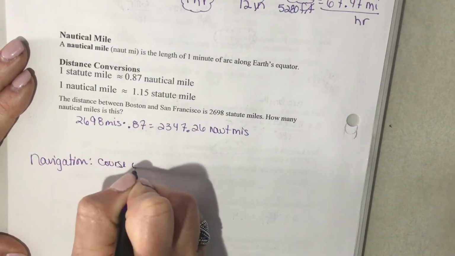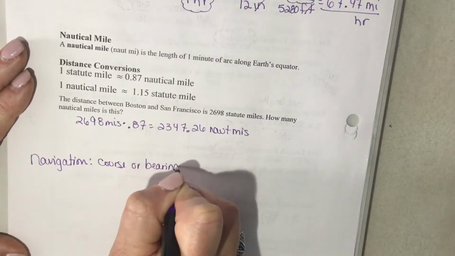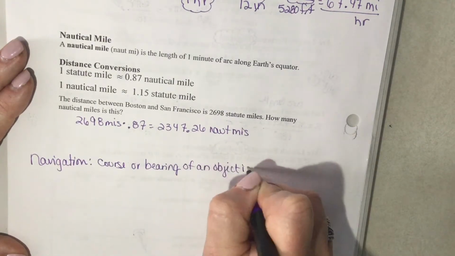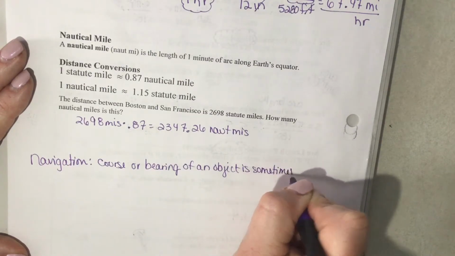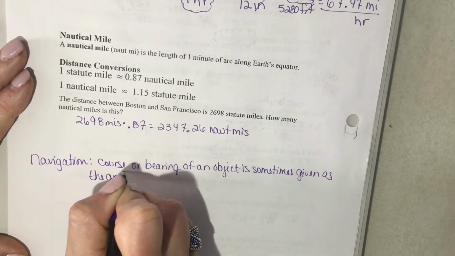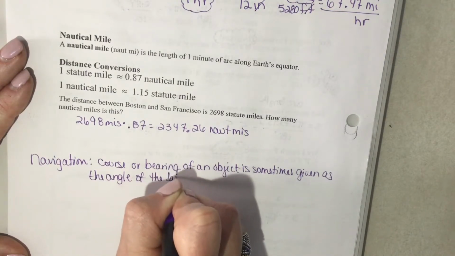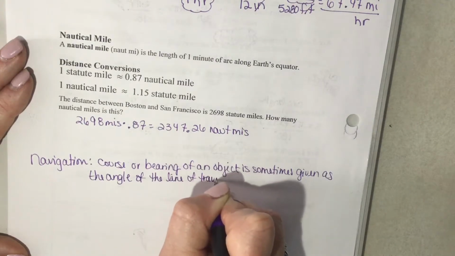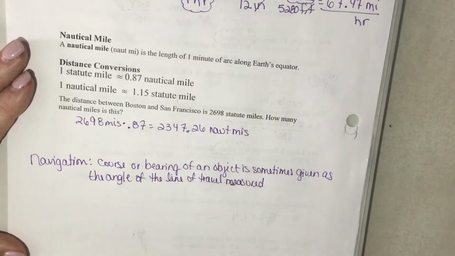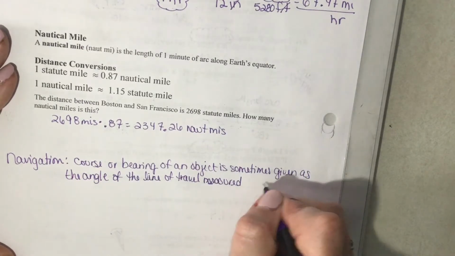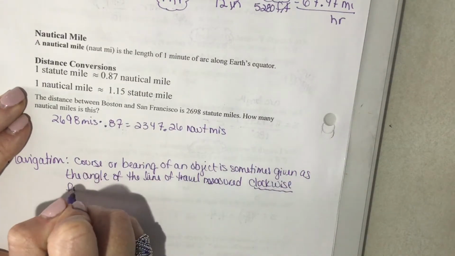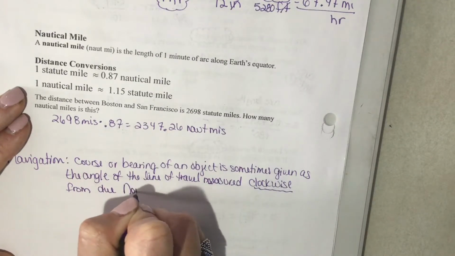Navigation, course or bearing, same thing, of an object is sometimes given as the angle of the line of travel measured, and here's where we're really focusing in, measured clockwise from due north.